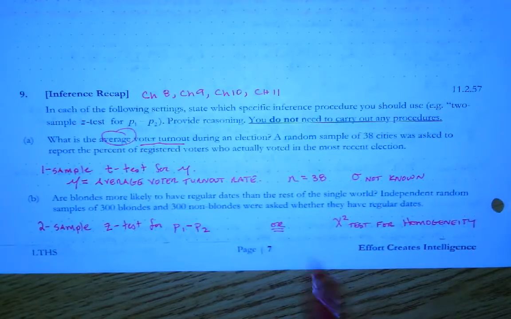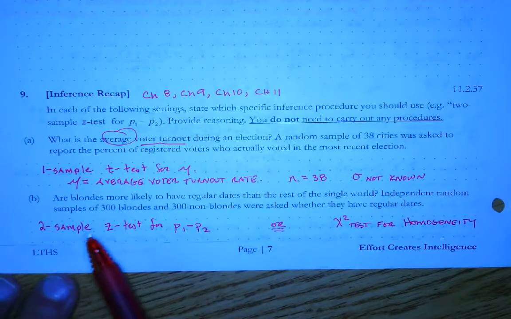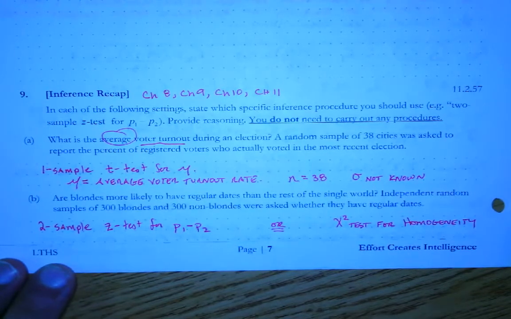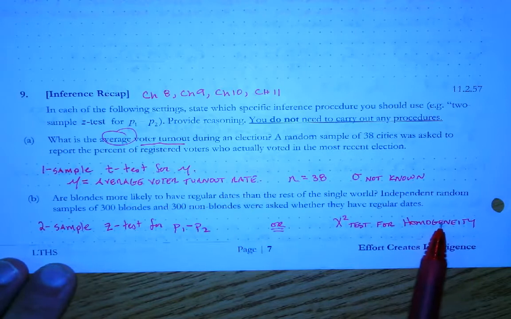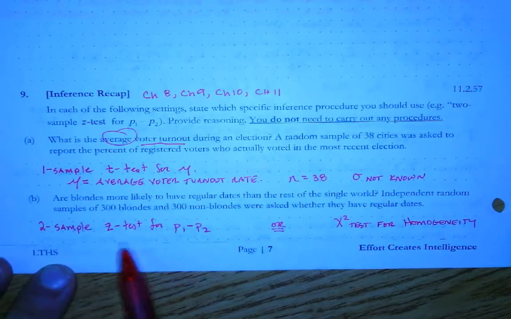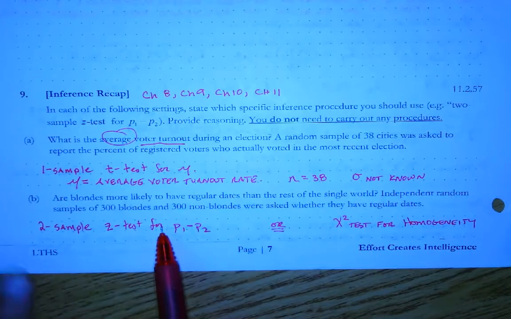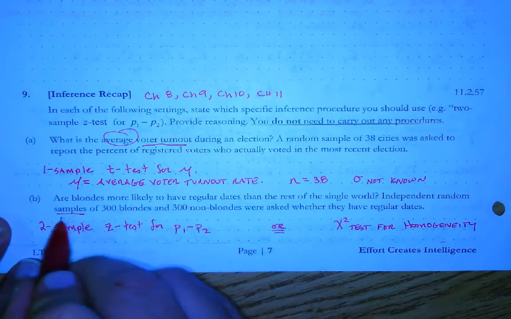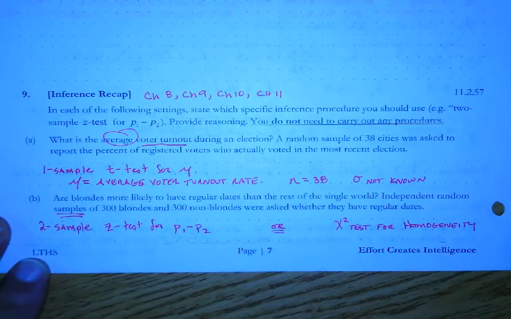Well, for this particular situation, if you answered a 2-sample z-test for a difference in proportions, you would be correct. If you answered a chi-square test for homogeneity, you could also be correct. Why would we say 2-sample z-test for a difference in proportions? Because we have more than 1 sample.